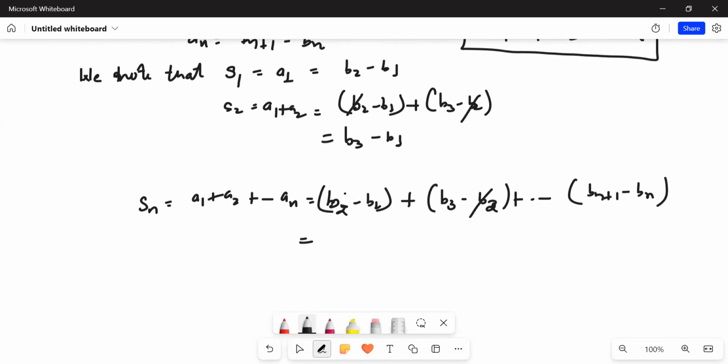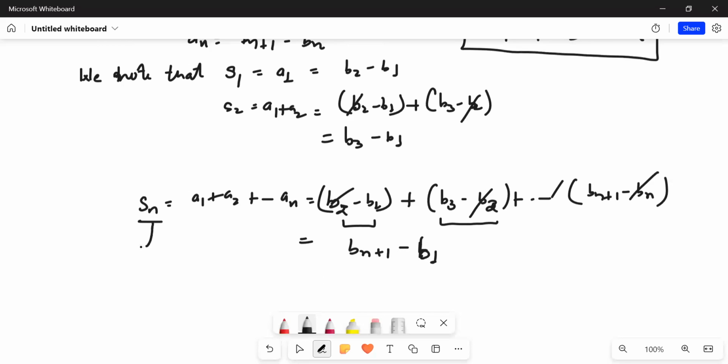Now if you see the cancelling pattern, you can observe that the only surviving terms would be bn plus 1 and b1, because for the latter part of every bracket, you have a former part in the next bracket. So this would survive and this would survive.